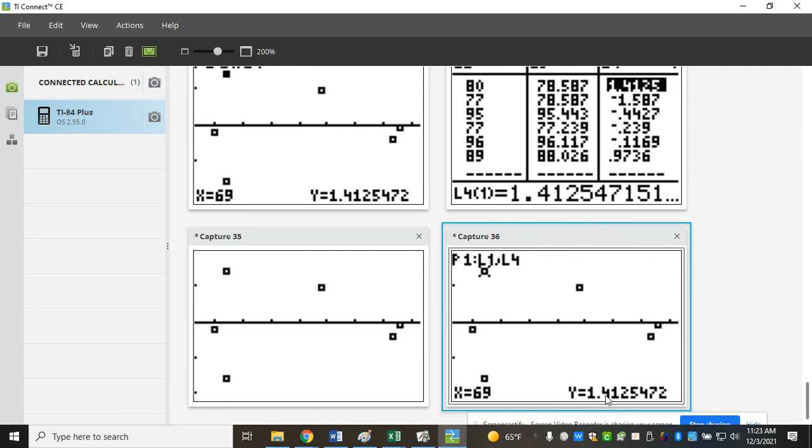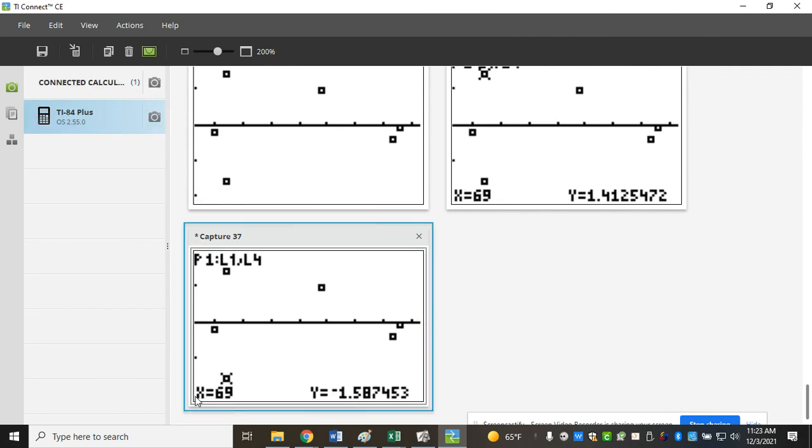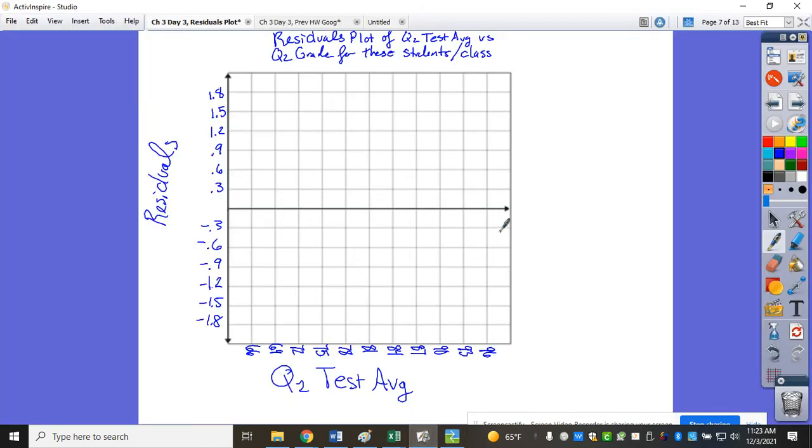When I go to the right, it goes to the second number I plugged in, which is an x of 69 and a y of negative 1.587 and so forth. I would use that when you graph on here. Just use trace.